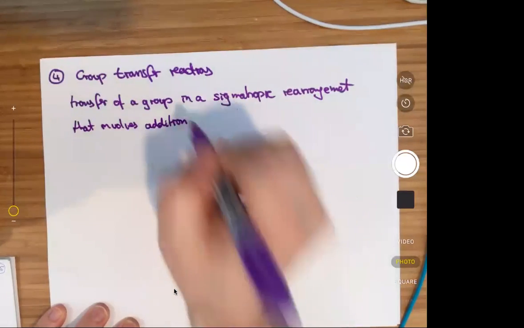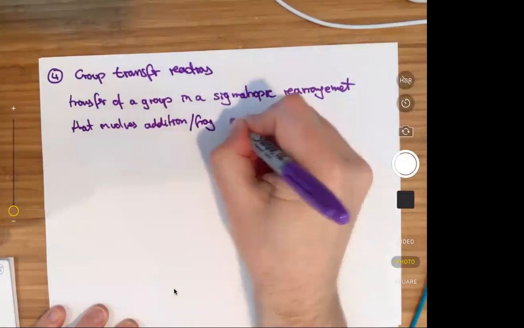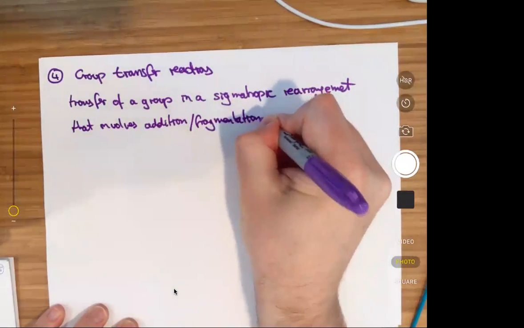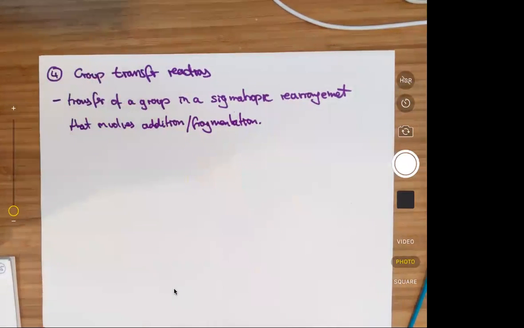So addition would be the forward way, and fragmentation would be the reverse reaction. So again, this is an example of a reaction that can go either way.